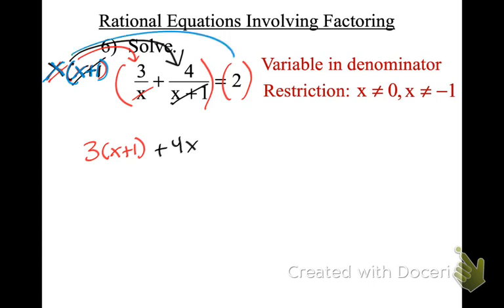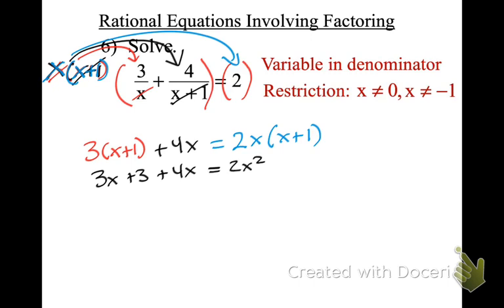When I distribute here, nothing gets canceled, and I'm left with 2 times x plus 1. Now we distribute. 3x plus 3 plus 4x equals 2x squared plus 2x.